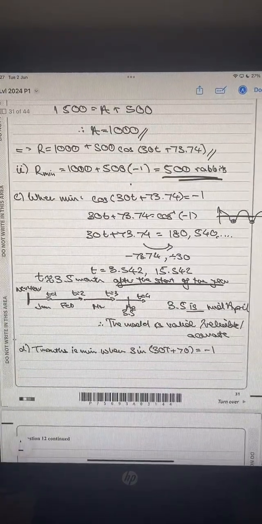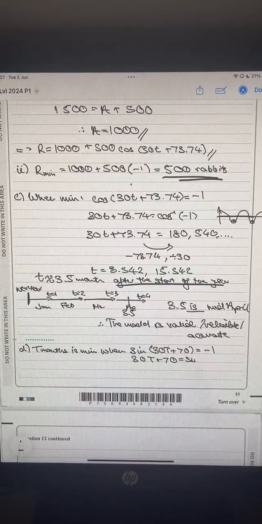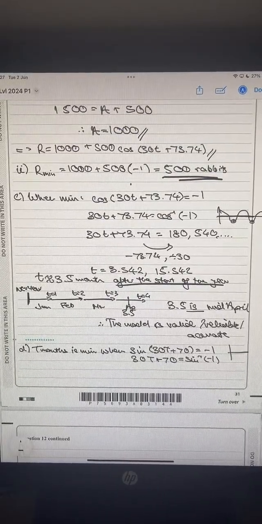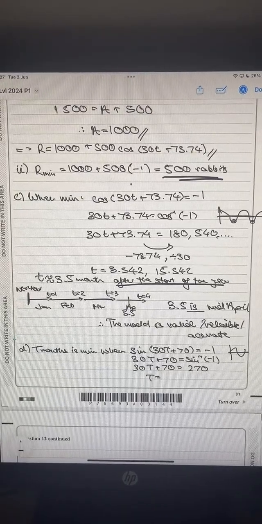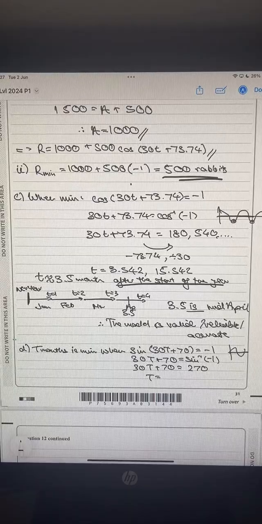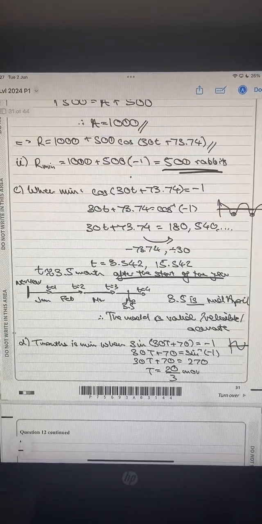So sine of (30t plus 70) is equal to negative 1. So 30t plus 70 equals inverse sine of negative 1, and you just draw that there for reference. So 30t plus 70 equals 0, 90, 180, 270. 270, so t is equal to 270 minus 70, which is 200, divided by 30, is 20 over 3 months.